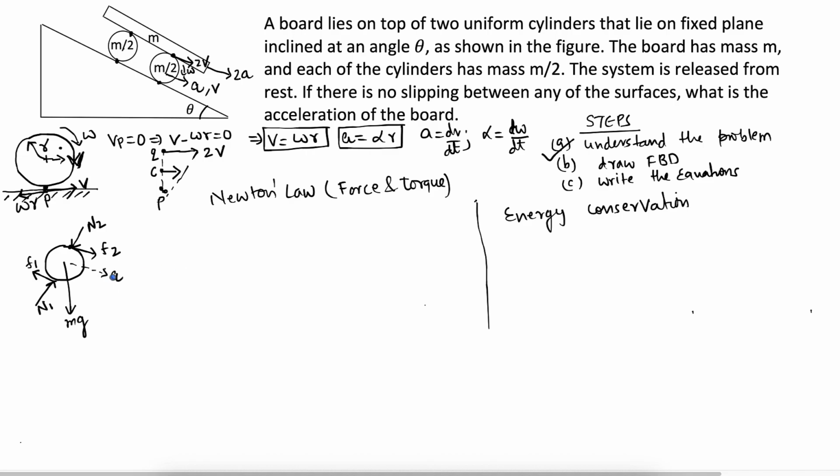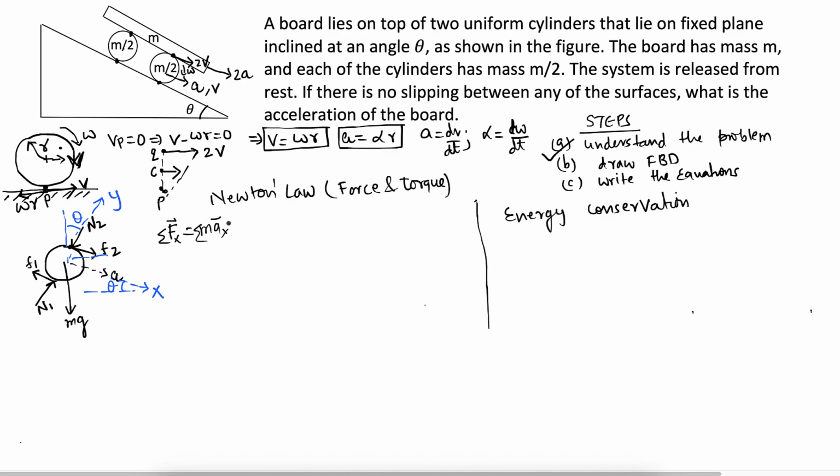Now let's also define the axis. So let's say this is the x-axis and this is the y-axis. This angle is theta. Therefore this is theta, this is 90 minus theta and this is theta, right? This will help us write the equation. Now let's write the equation. For x, sum of force vector equals mass into acceleration.